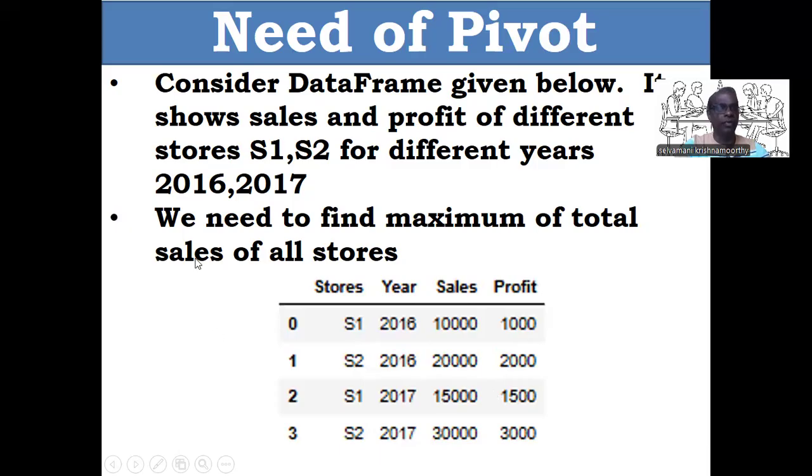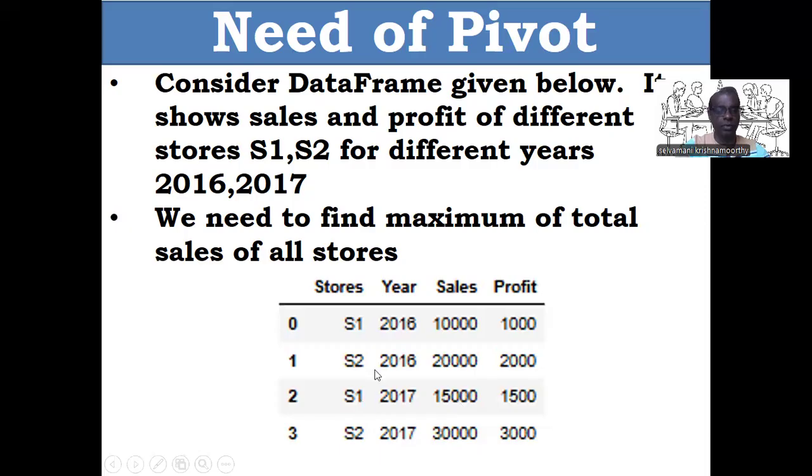Our aim is we need to find maximum of total sales of all stores. That means find out the maximum of total sales. First, S1, S1. The total sales of S1 we need to find out. 10,000, 15,000, 25,000. Total sales of store S1 is 25,000.